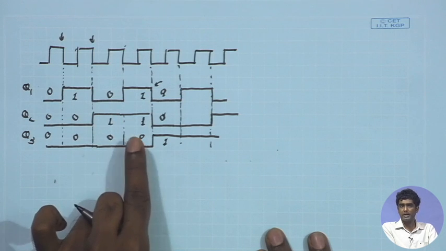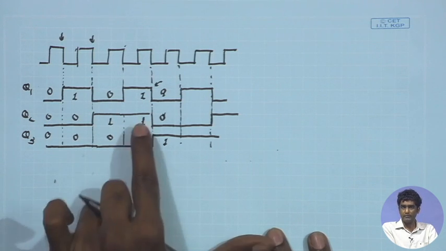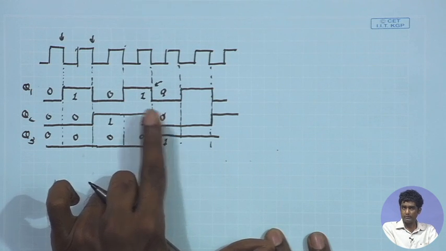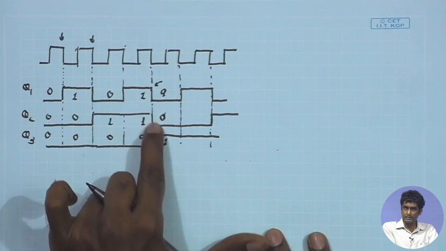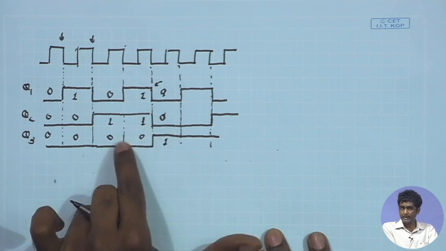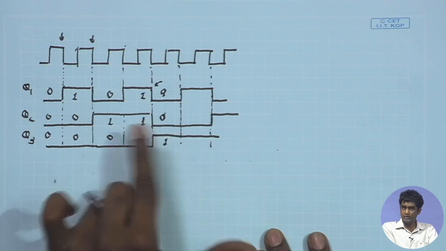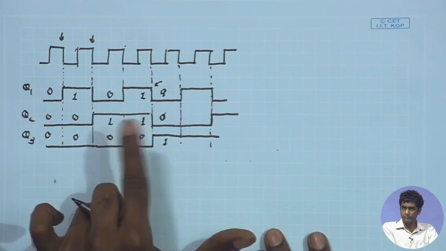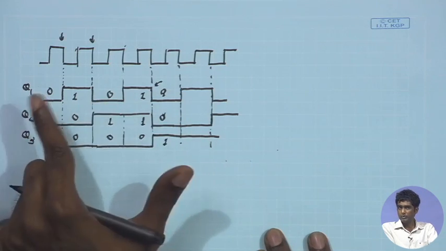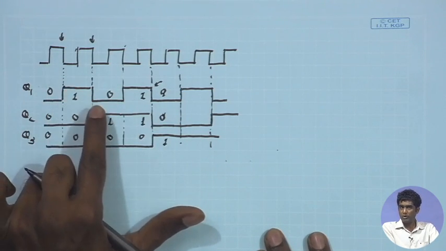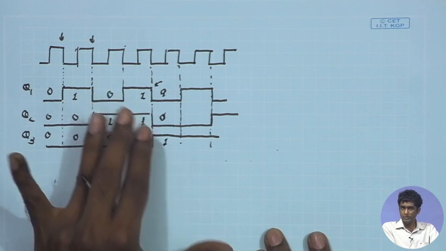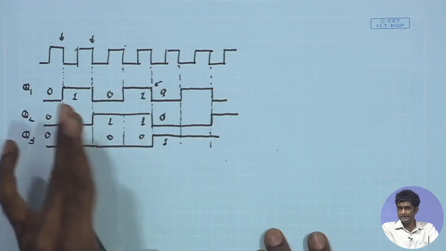Now, Q3 being a negative edge sensitive flip flop, whenever there is a negative transition in the clock of Q3, if you are using Q2 as the clock of Q3 and there is a negative edge in Q2, then Q3 should be making a transition, and that transition should be just reversing the state of Q3. So, Q3 should be toggling from 0 to 1, that is what we want. So, this is clear that definitely we can use Q1 as a clock for Q2, Q2 as a clock for Q3, and make sure that Q1, Q2, Q3 are all negative edge sensitive.